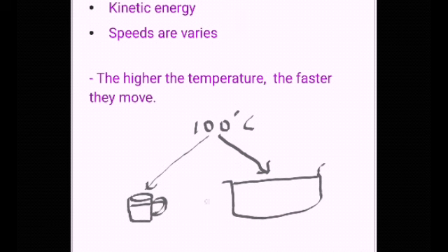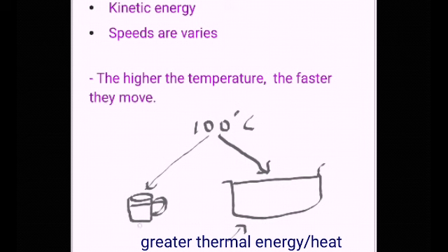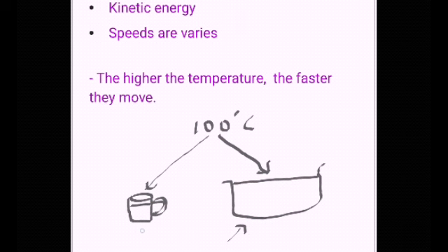So, we can say that both temperature are the same. Dua-dua suhu dia adalah sama. But, if we compare the thermal energy, this saucepan of boiling water has greater thermal energy compared to the cup of boiling water. So, this is the difference between temperature and heat.